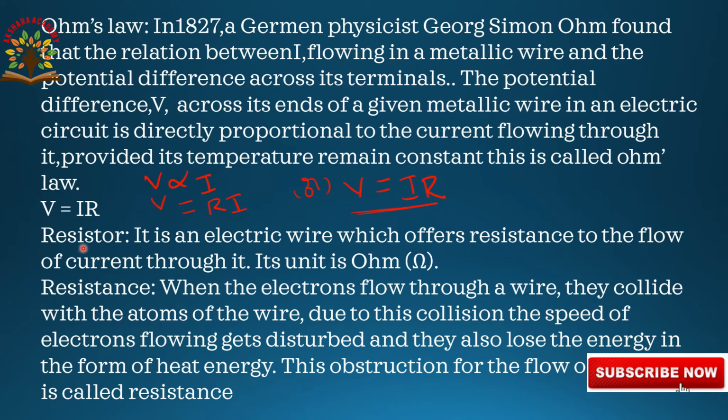Its unit is ohm, and this is its symbol. Next, resistance: when electrons flow through a wire, they collide with the atoms of the wire, their speed gets disturbed, and they lose energy as heat. This obstruction to the flow of electrons is called resistance.